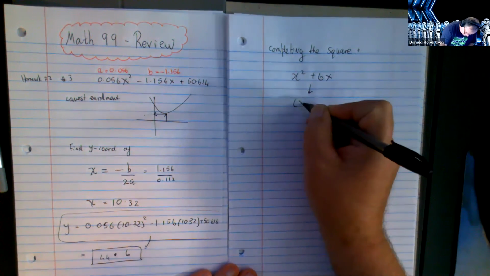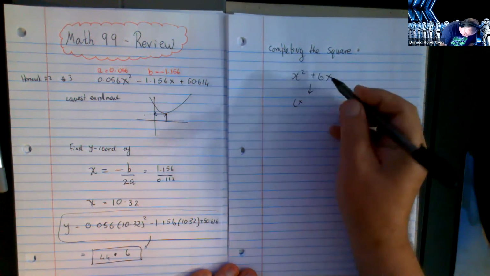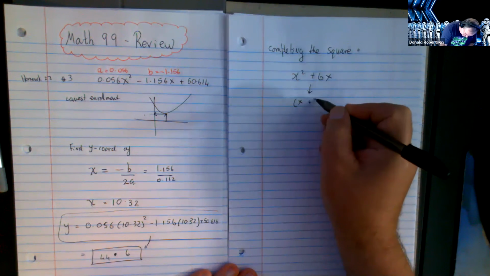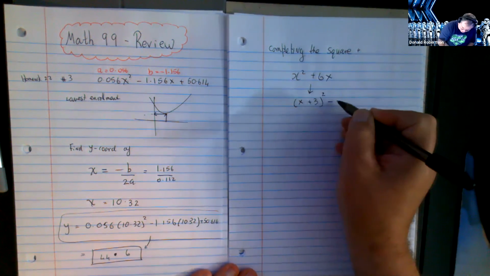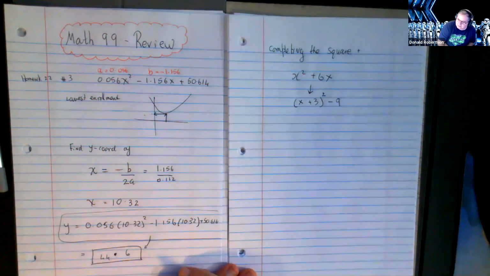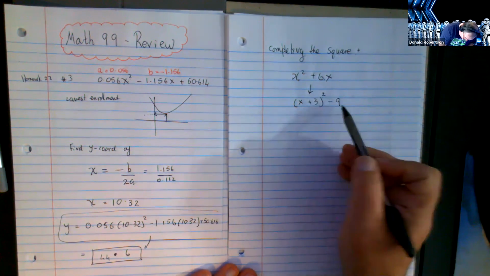Okay, I think I got it. If you take this, completing the square is half the number of x's, square it and subtract. So if you started with this, you'd have x plus 3 all squared, and subtract 9.